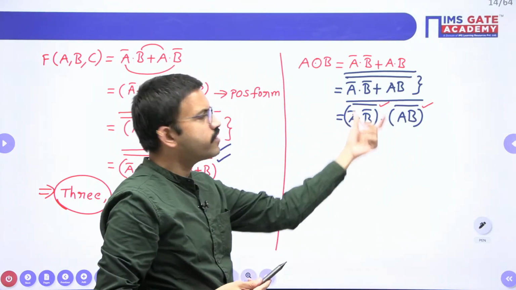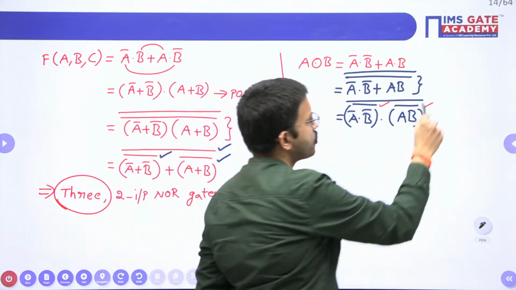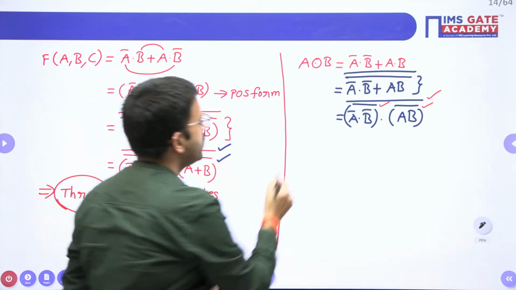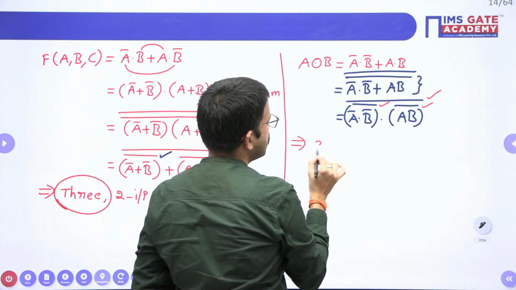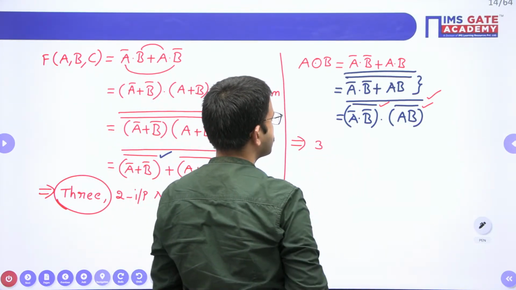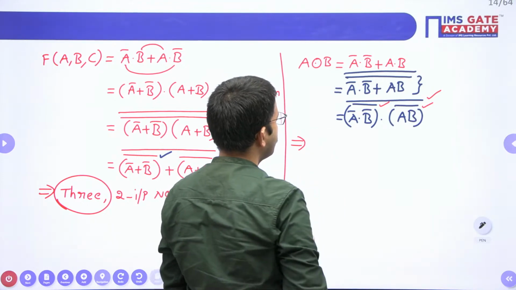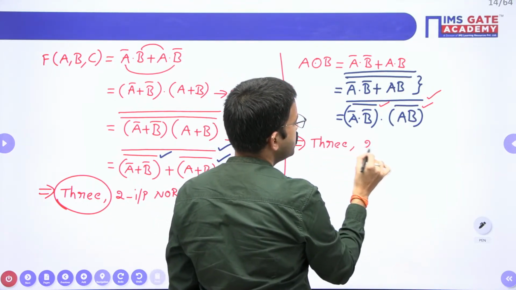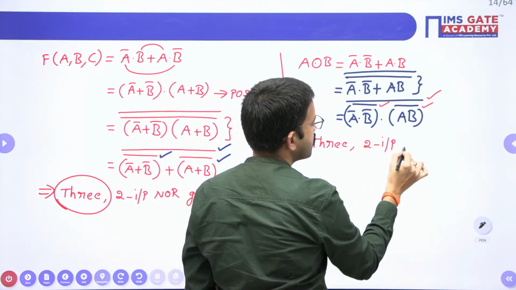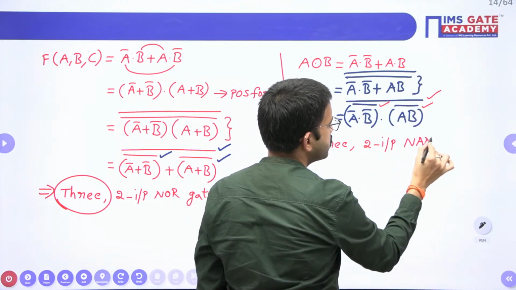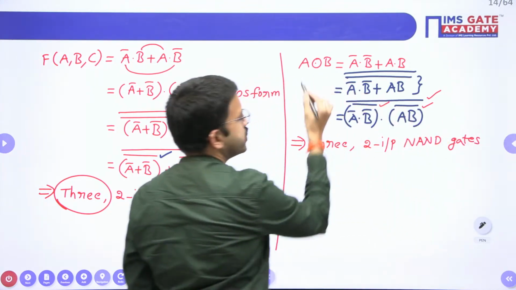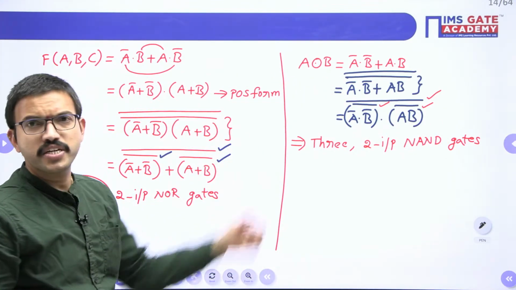For implementing y1, y2 whole bar, you require a third NAND gate, right? Yes, very good, Kundan. So we require 3 2-input NAND gates for implementing a 2-input XNOR gate.